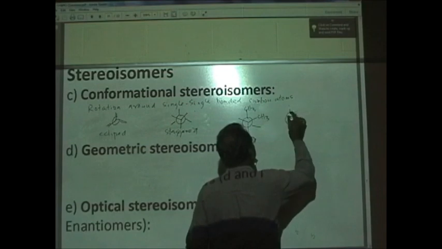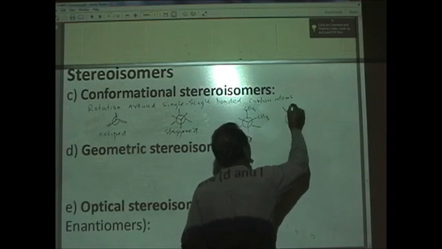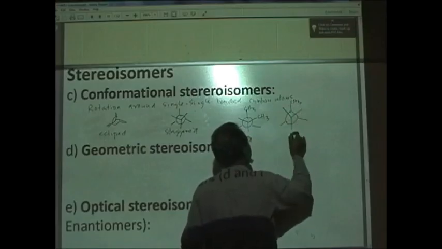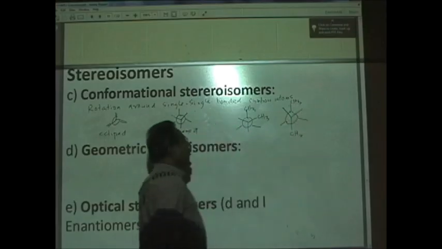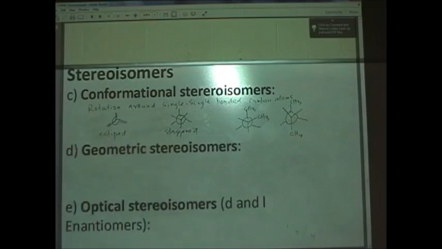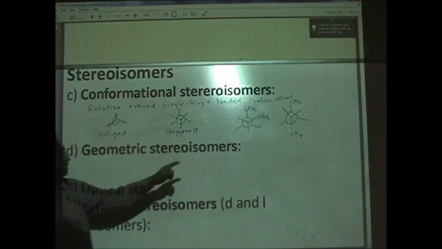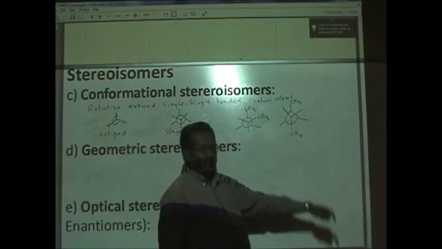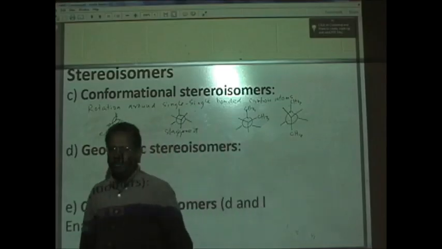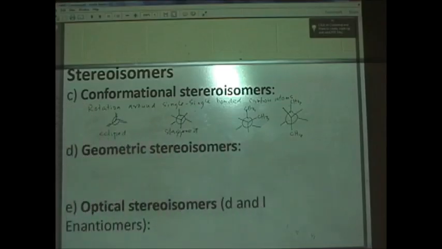Staggered conformation here, and like that, and this CH3 group is here. Now, which one is more stable? The syn or anti? Anti, because the methyl groups are far apart. Like I was trying to show you at the beginning. Right. Okay.